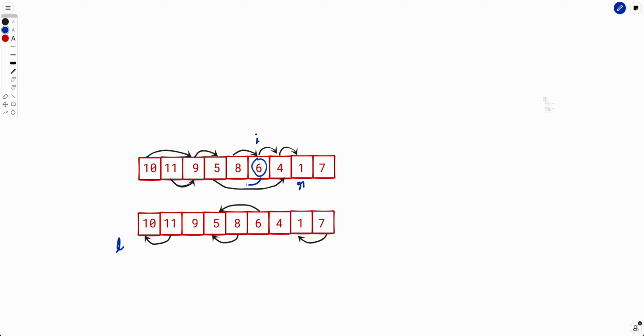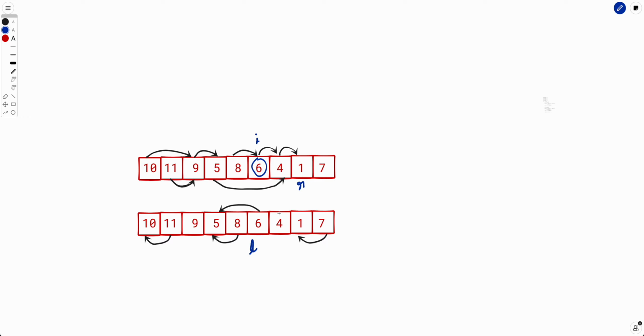So the previous greater element of 6 is 8. It means 6 is largest in this range itself. So what you can then say is, I will update L to this particular index, and in the same fashion you will figure out where 6 is largest on the right side, and again update R to that particular index.